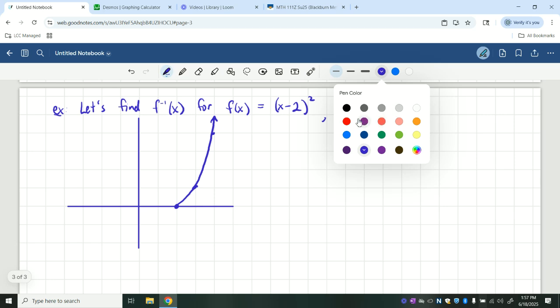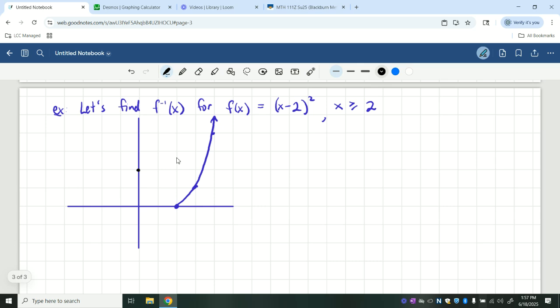So let's choose a different color here. If I were to look at it flipped around the y equals x line, it's going to look like that, right? So I just need to find the equation of that. Now it looks like it's going to involve a square root. So y equals x minus 2 squared. Or I switch x and y first, excuse me.